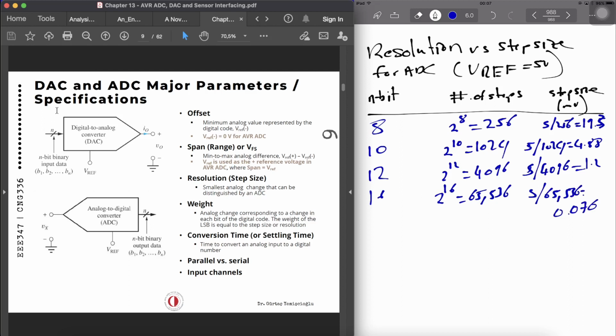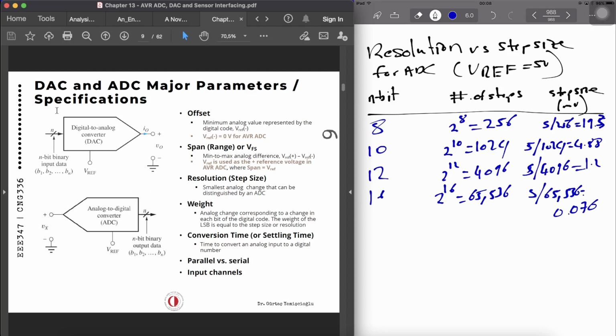Okay, now you can see how the resolution, the number of steps and the step size are calculated by this table. Now, although the resolution of these ADC chips is decided at the time of design and we cannot change it, we can actually control the step size with the help of the reference voltage.